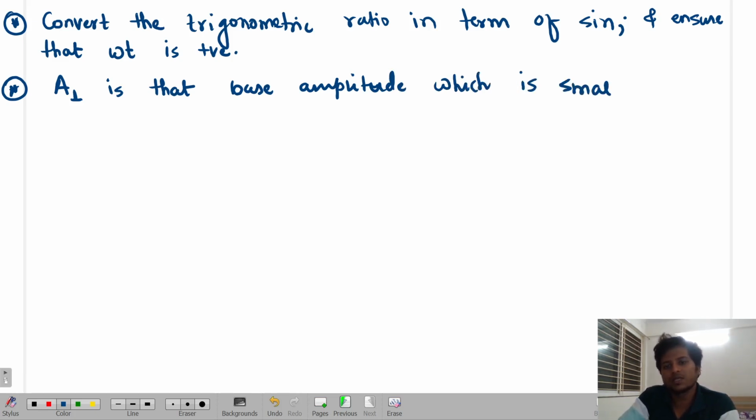The smallest amplitude will only be considered for the base amplitude. Are you able to get me or not? Is this clear till now?